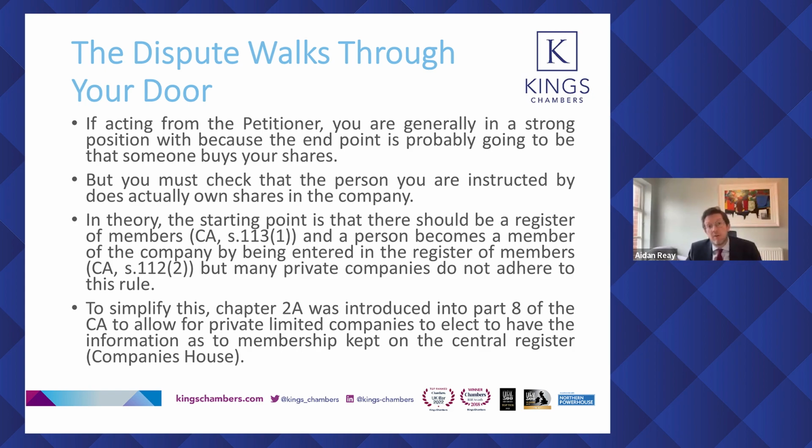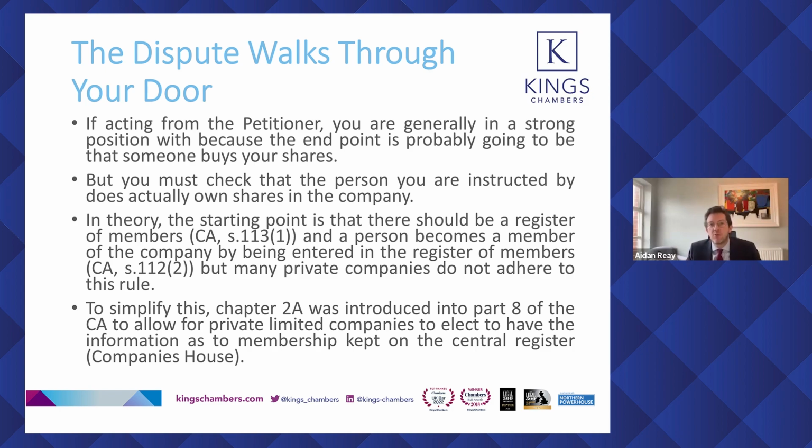It's linked to your ownership of shares in the company. If, for example, that ownership is imminently threatened, you might need to apply for urgent injunctive relief. Or if something has already happened to transfer shares away from your client, you're going to need to have him restored to the register before you can present an unfair prejudice petition.